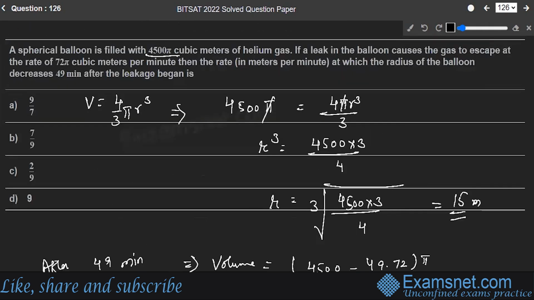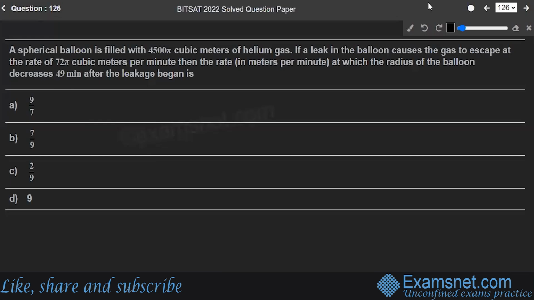Now, see over here. Question number 126. A spherical balloon is filled with 4,500 pi cubic meters of helium gas. If a leak in the balloon causes the gas to escape at the rate of 72 pi cubic meters per minute, then find the rate in meters per minute at which the radius of the balloon decreases 49 minutes after the leakage begins.